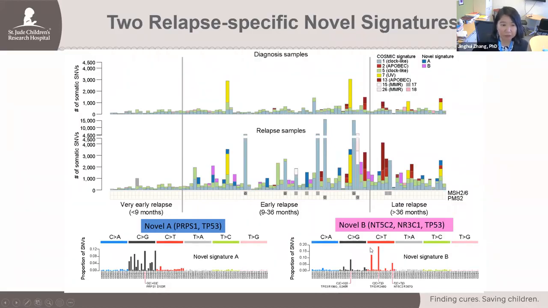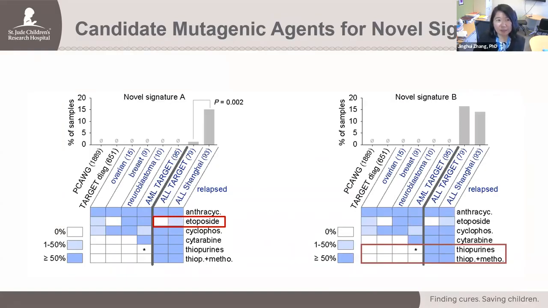These novel A and novel B signatures are not only providing passenger mutations, as we could see that some of the relapse-specific genes in the previous 12-gene panel, such as PRPS1 and TP53, could be caused by novel signature A, and NT5C2, NR3C1, and TP53 could be caused by novel signature B. To find out which drugs might be related to the rise of these 2 mutational signatures, we performed an in silico experiment by looking into mutational signatures of the pan-cancer adult cohort analyzed by the PCAWG group, as well as mutational signatures in the NCI TARGET cohort, which include both diagnosis and relapsed disease in neuroblastoma, AML, and ALL.